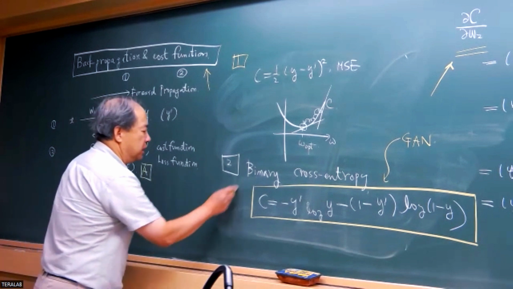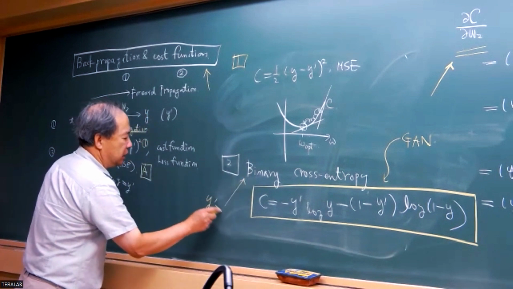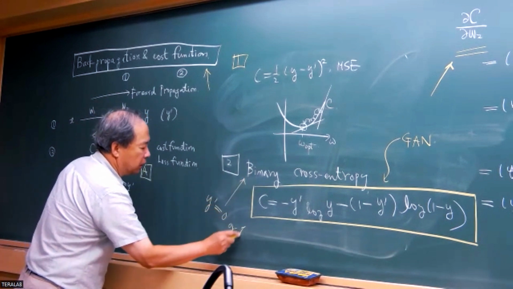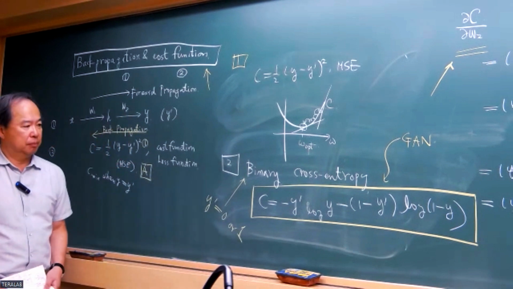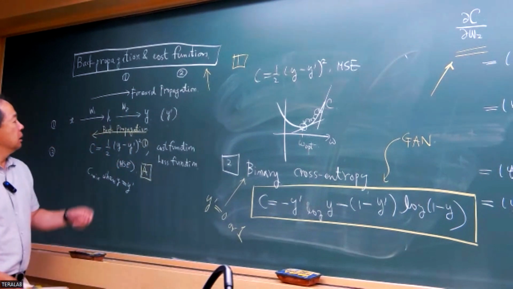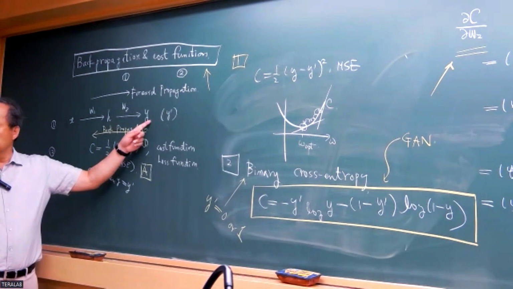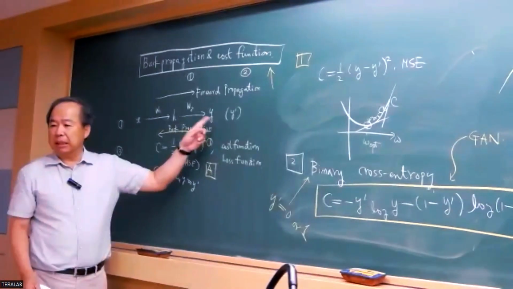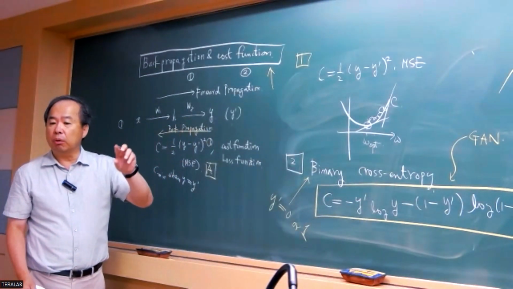Here, binary means y dash is equal to 0 or 1. That means your output vector element is either 1 or 0.